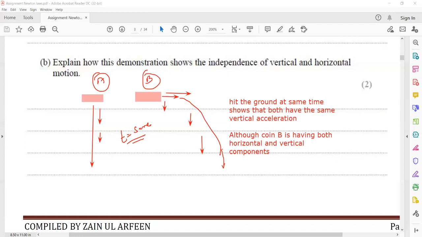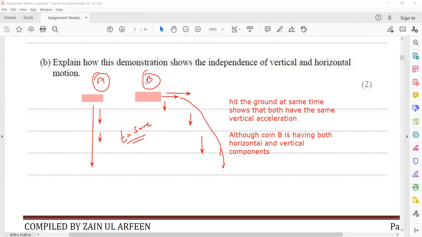Means if one of the objects is falling vertically, and another one is falling in a projectile motion, a trajectory, in which we neglect the air resistance, even though the second object is having both components, it will always take the same time to hit the ground, assuming that acceleration is constant and the air resistance is not affecting the motion. That's our assumption.